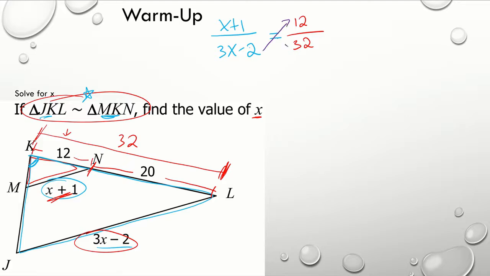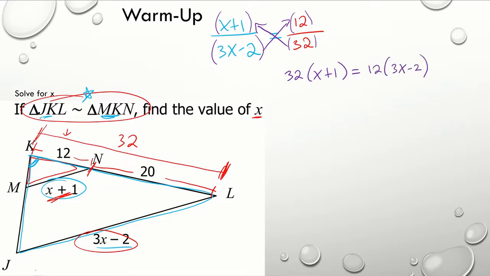So this goes up there, that goes up there, and when we multiply over, we have to remember it's everything, so we have to use parentheses pretty much everywhere. Once we multiply it over, this is what it looks like: 32 times x plus 1 equals 12 times 3x minus 2.